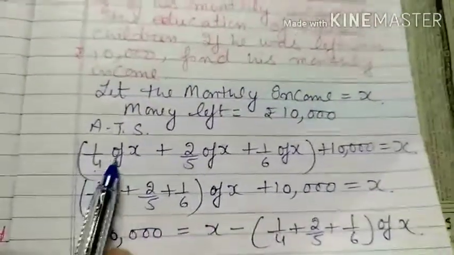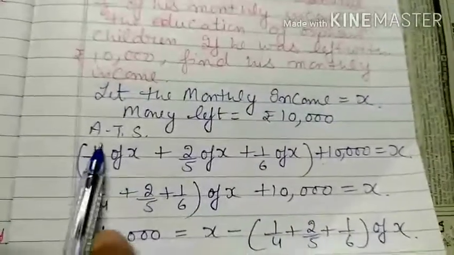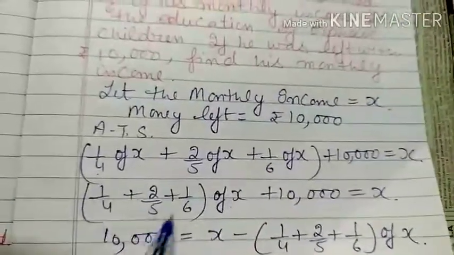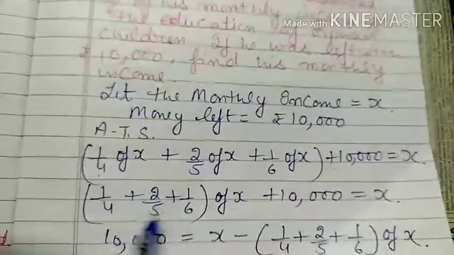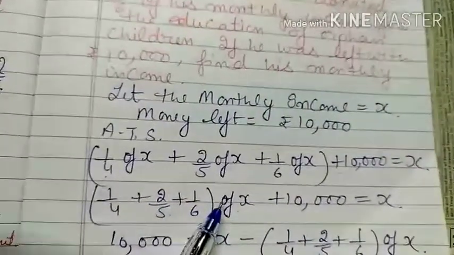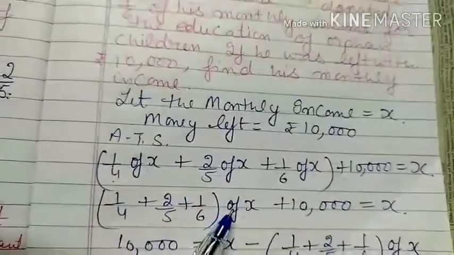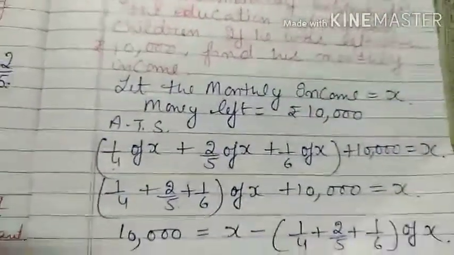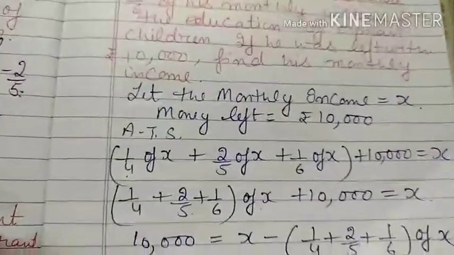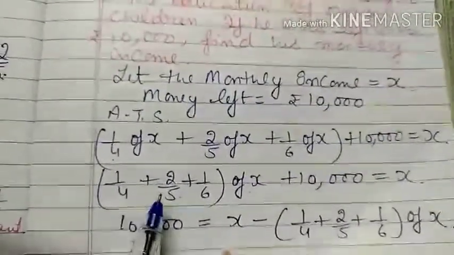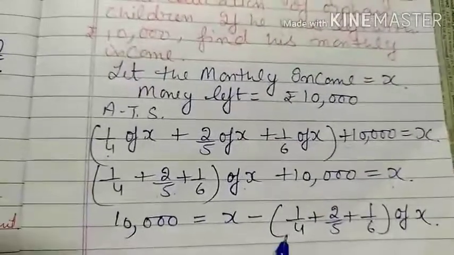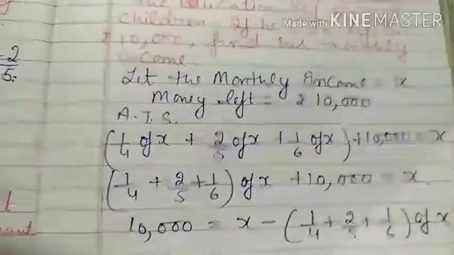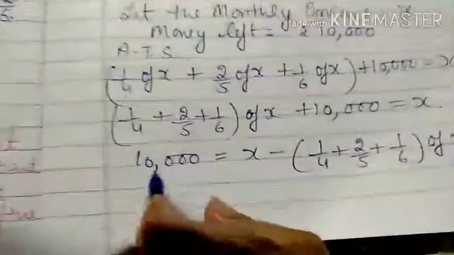Here we take x common, and 1 by 4 plus 2 by 5 plus 1 by 6 together are added, because the total part of x is the total expenditure by Anil, and 10,000 is the saving, which must be equal to his total salary of the month. So we shift this part to the other side: x minus (1 by 4 plus 2 by 5 plus 1 by 6) of x. Now we are going to solve this one.